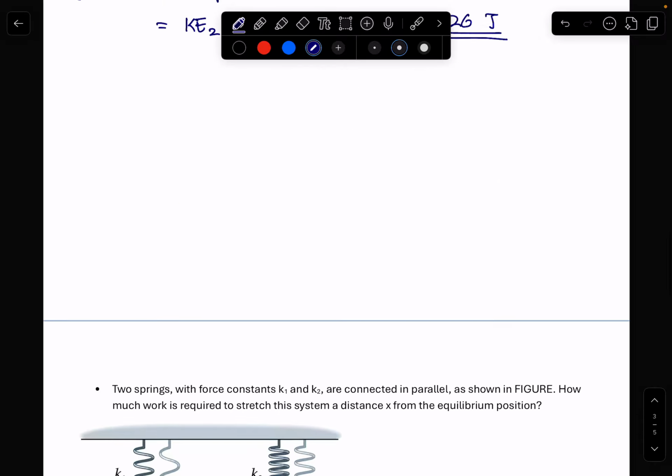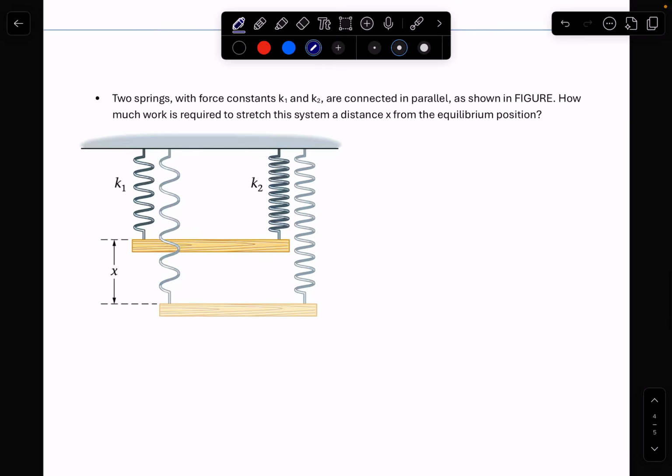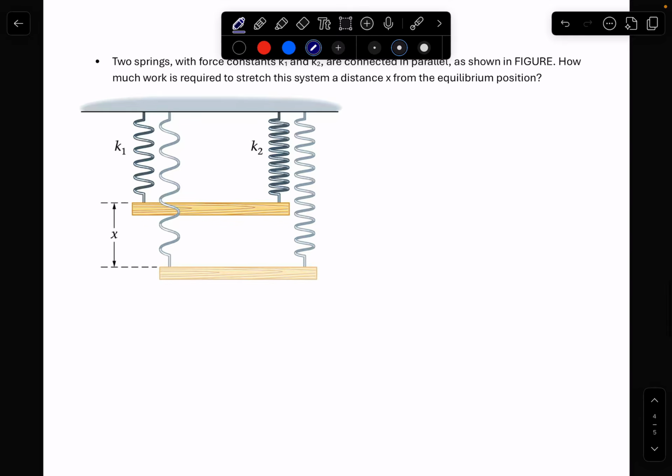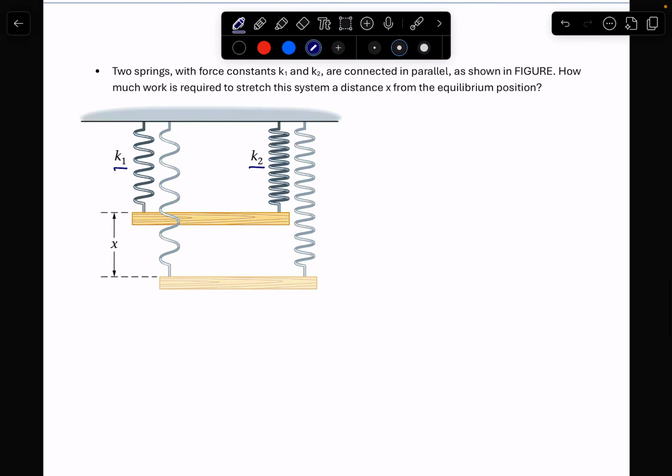Perfect. Next question. Here we are given two springs. They have force constants K1 and K2, and they are connected in parallel, which means one of their ends is connected to the ceiling and one of their ends is connected to the plank.